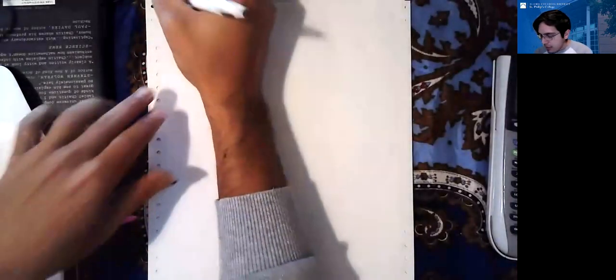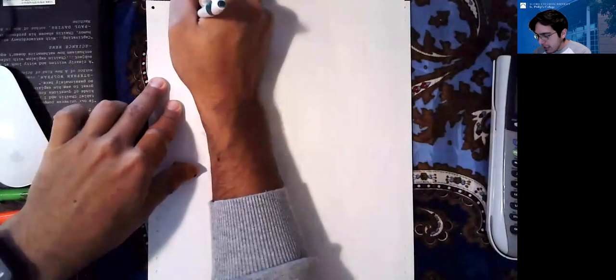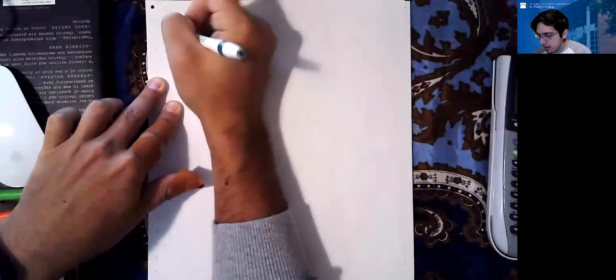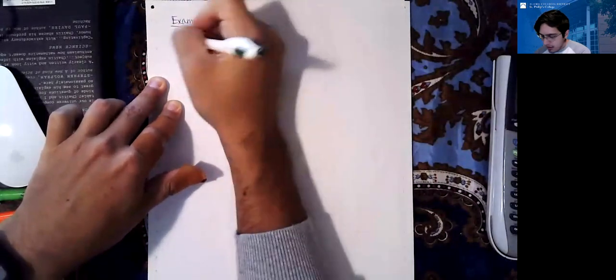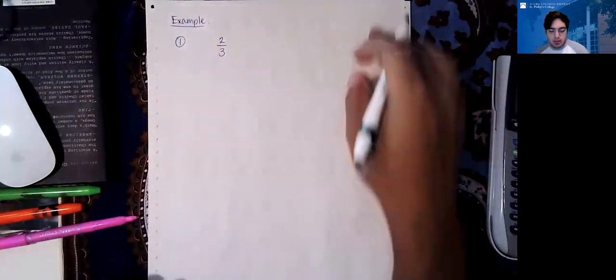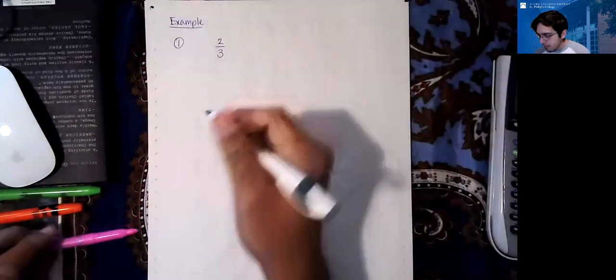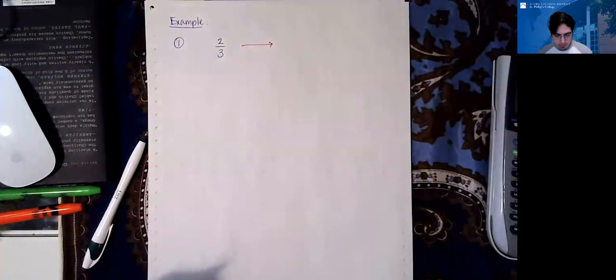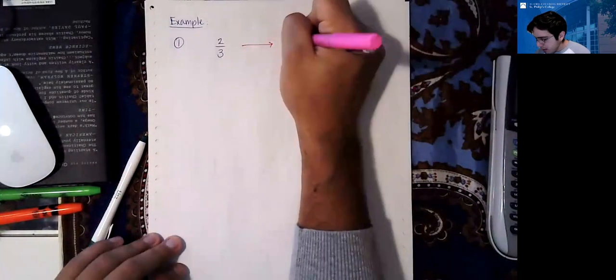So I want to give you guys some examples or some practice identifying a reciprocal. Let's say our first reciprocal that we want to find is 2/3. What is the reciprocal of 2 over 3? Three over 2. Yeah, 3 over 2.